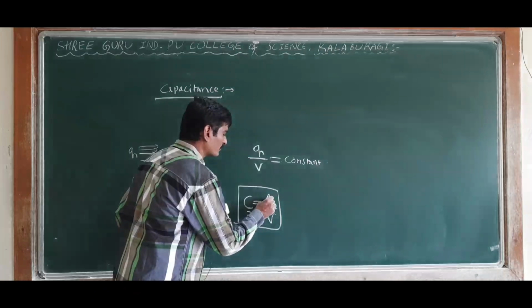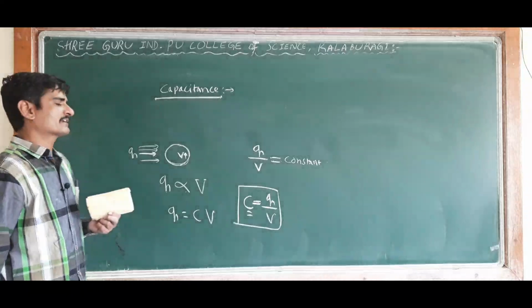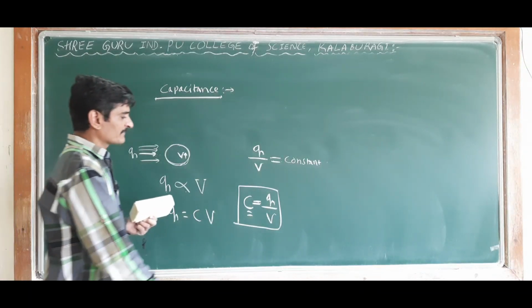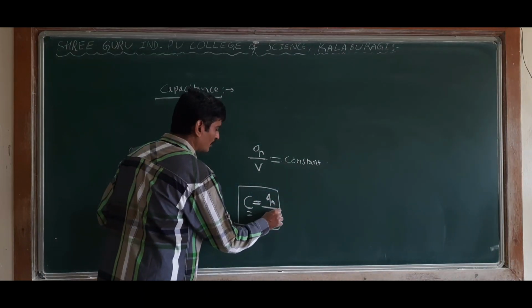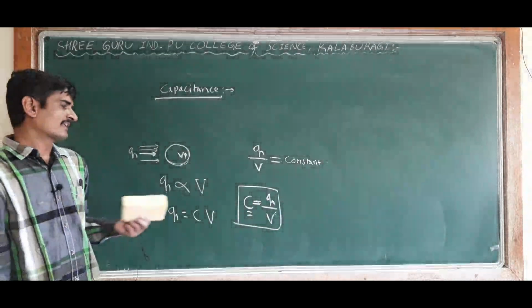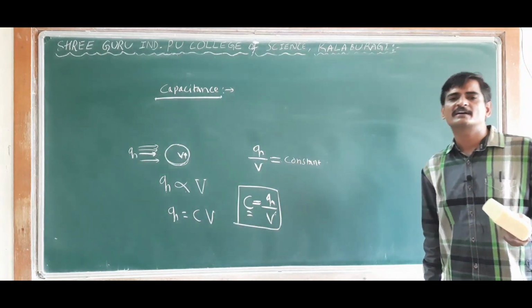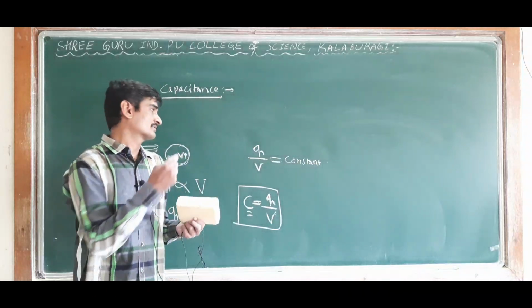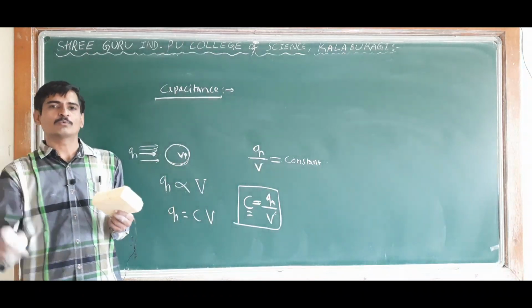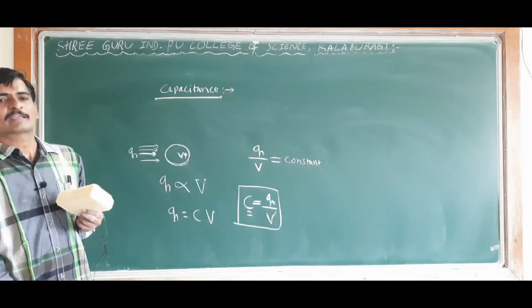Or you can define it also like this: the capacitance of a conductor is the charge required to raise the potential of the conductor through 1 volt. So to raise the potential of the conductor through 1 volt, how much charge is required? That you can call the capacitance.